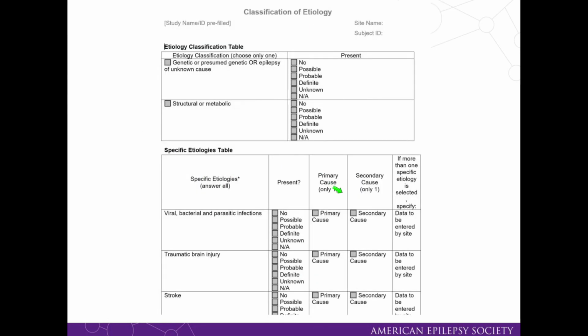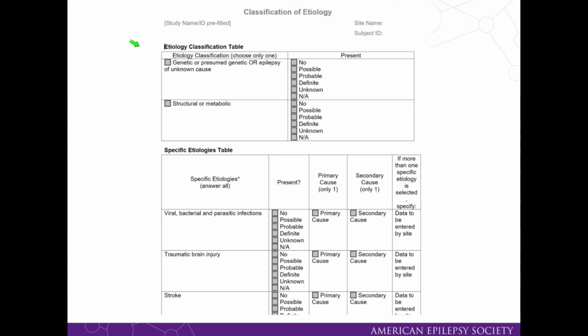So let's get a little more detail about this. This is a classification of etiology form from the Epilepsy Common Data Elements Bank. So it gives you a list of all of the variables and a form that can be appropriate for paper-based data collection.